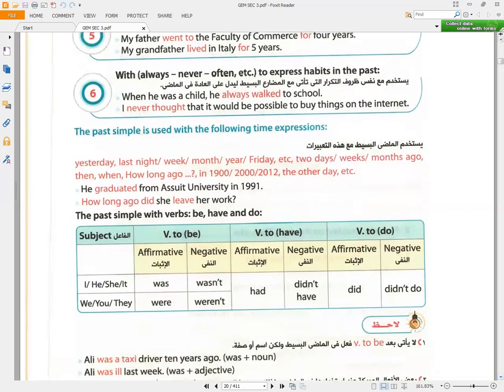As you know, the keywords for past simple are many: yesterday, last week, 2 days ago, or any period of time ago, then, when, how long, etc. In a specific date in the past.